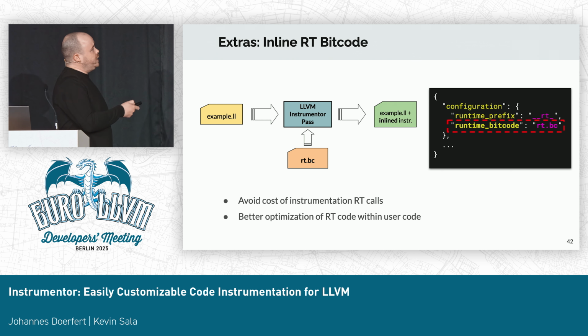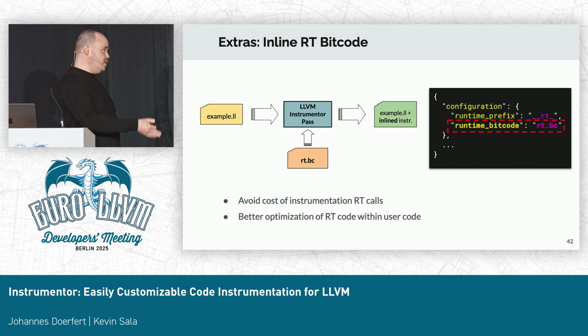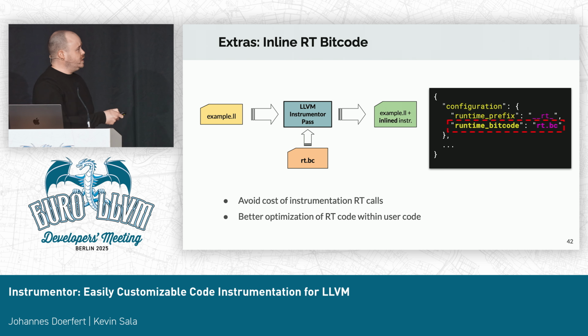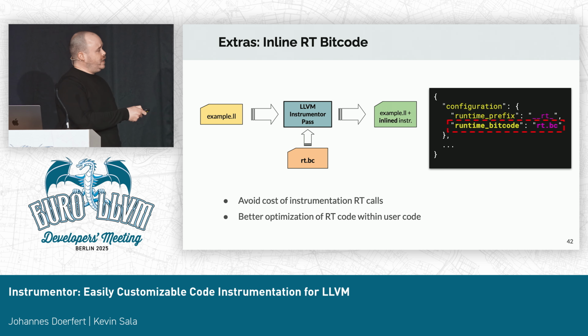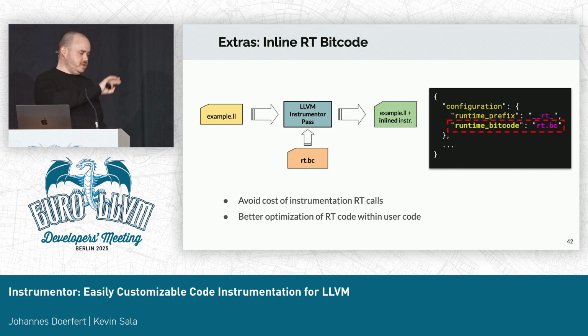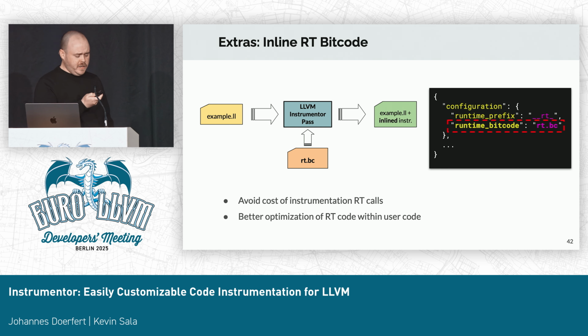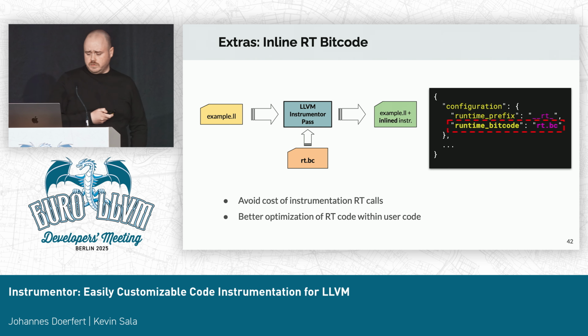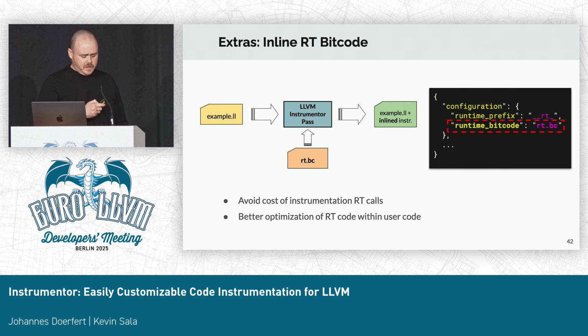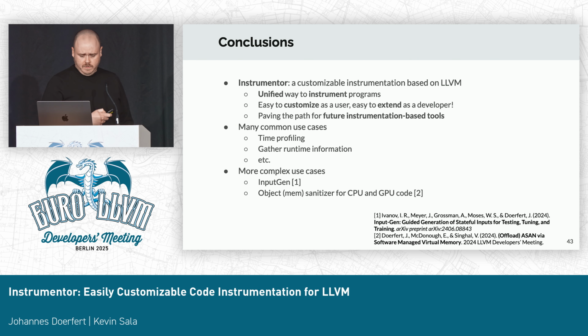So when the Instrumentor is running, it will perform the instrumentation, and just in the last stage of the Instrumentor, it will read from this file, and it will import the implementation of the instrumentation functions into the user code, so the function calls will just disappear. And with that, you will avoid the cost of calling to the runtime library.